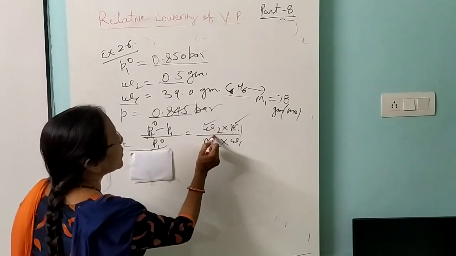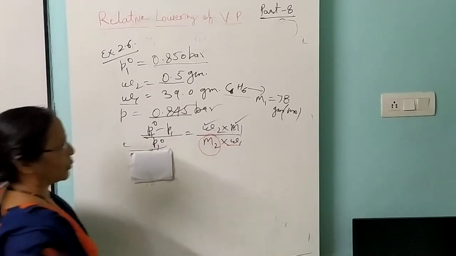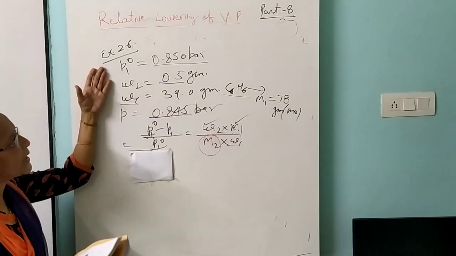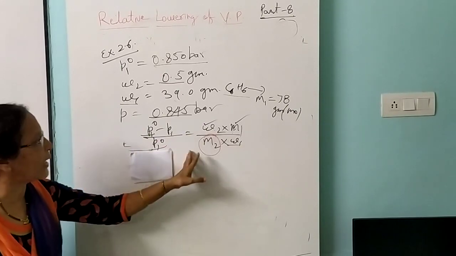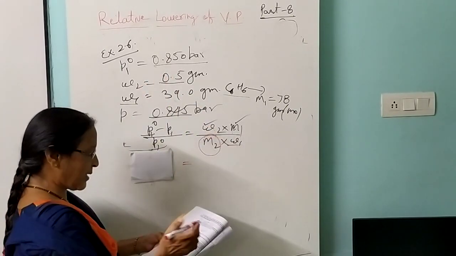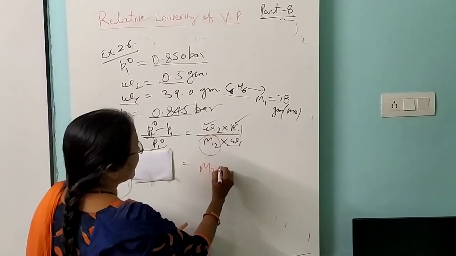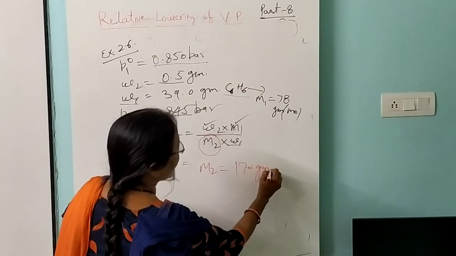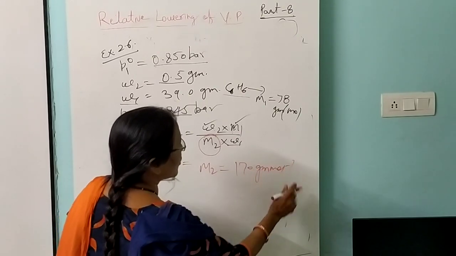I want to calculate only M2. Putting the values in this equation, the answer is given here. You also check the answer. It is coming 170 gram per mole.